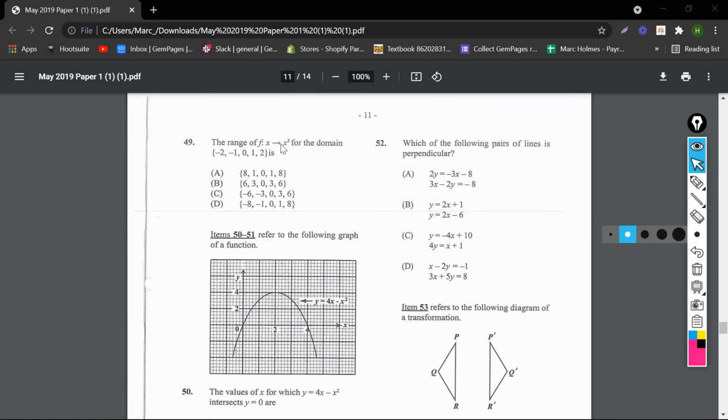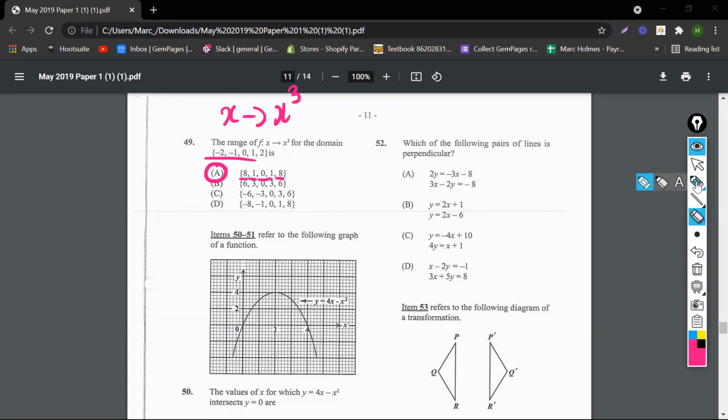It says here the range for x mapped onto x cubed for the domain. Well, -2 cubed is going to give me +8. -1 cubed is going to give me 1. 0 cubed gives 0. 1 cubed gives 1, and 2 cubed gives 8.